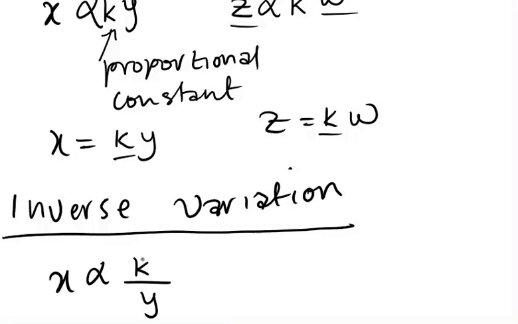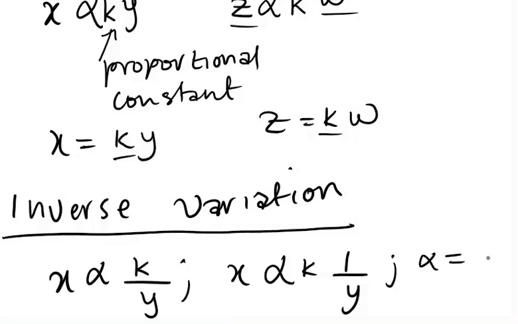Inverse means 1 over this value. So x equals k times 1 over y, meaning y is inverted. You can see these are not directly proportional. So x is now equal to k over y.